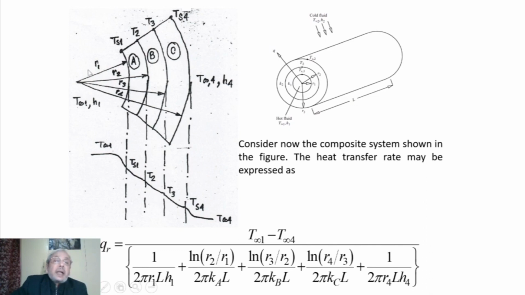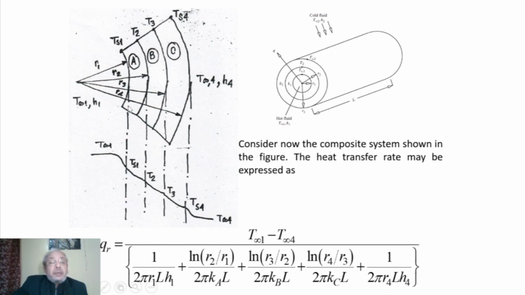At R equal to R1, temperature is Ts1, R equal to R2, temperature is T2, R equal to R3, temperature is T3, and R equal to R4, temperature is Ts4. And the outside temperature is T infinity 4 due to the ambient fluid, and the film heat transfer coefficient or convective heat transfer coefficient is h4.